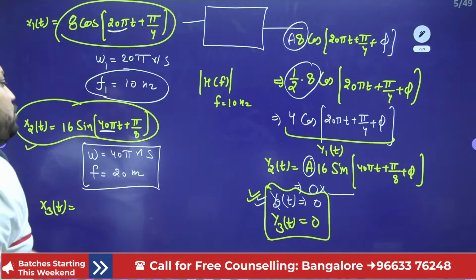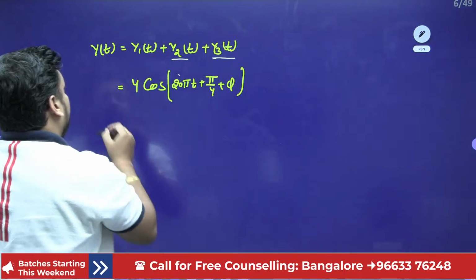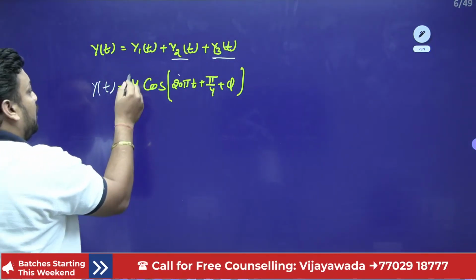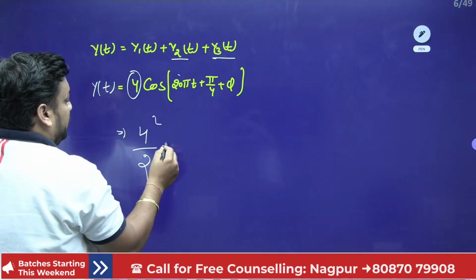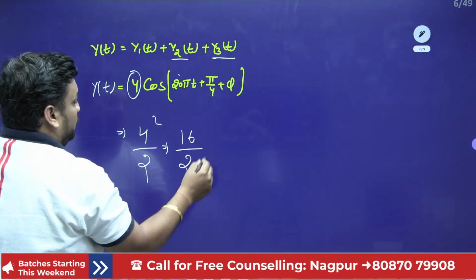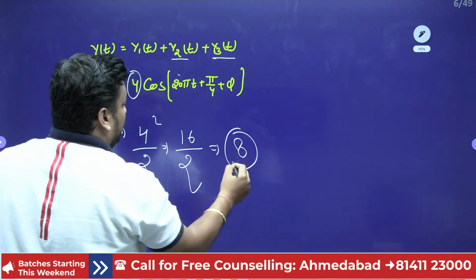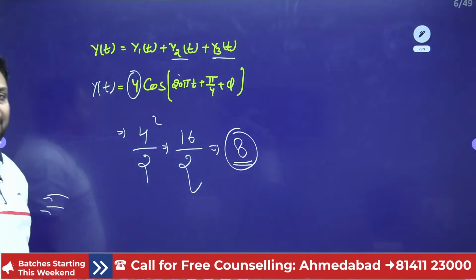Now you just need to check what is the power, student. As far as power calculation is concerned, power is nothing but A square by 2. It is a short trick. So A square by 2, it means the answer is 16 divided by 2. So the answer is 8. It is a numerical entry question, guys. You have to type 8 only.